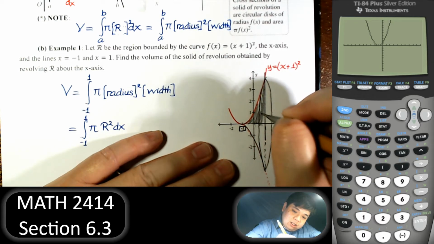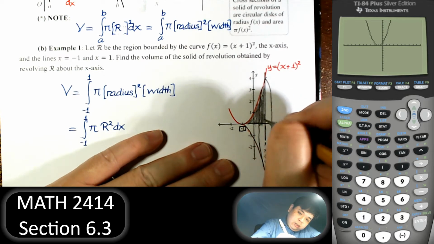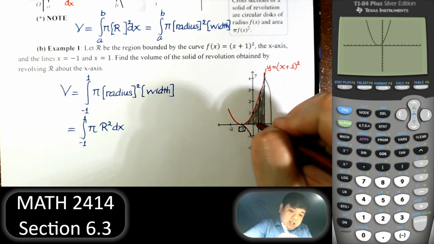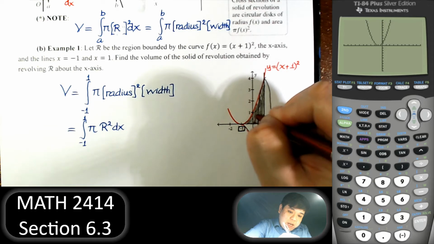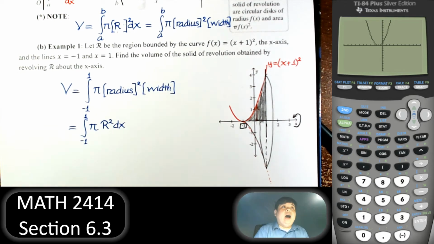So we have that, and then we rotate about the x-axis. The axis of rotation is the x-axis, going from that to the edge of the region. This is just like what we did in the previous section: the upper function minus the lower function.